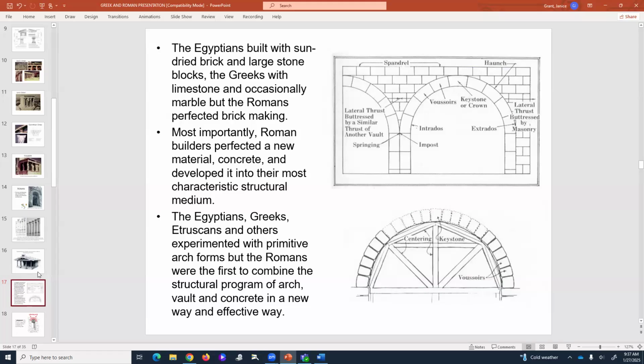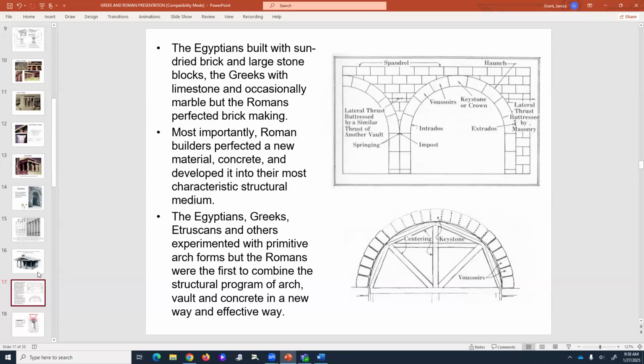Take a look at the materials, kind of the building process. The Egyptians built with, we saw this a little bit, sun-dried brick and large stone blocks. We looked at that in the pyramids.